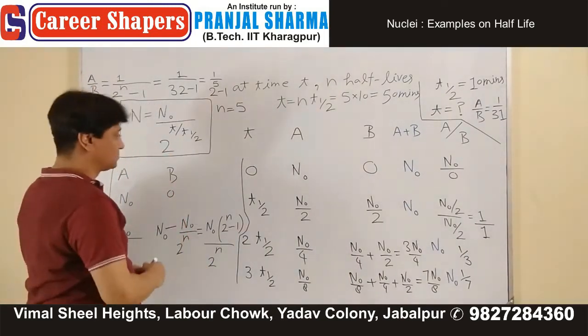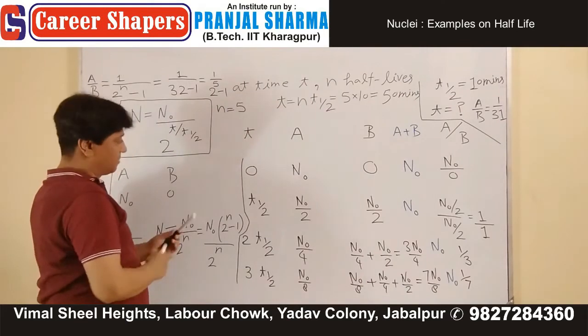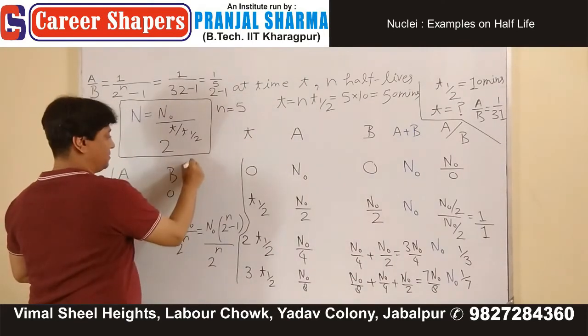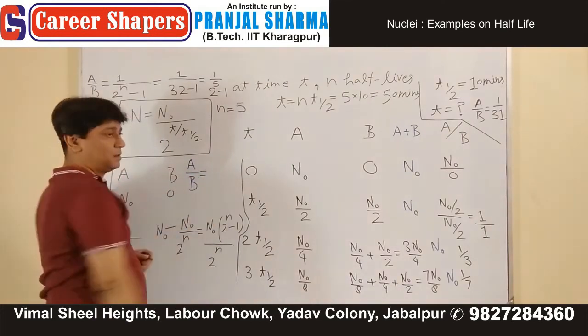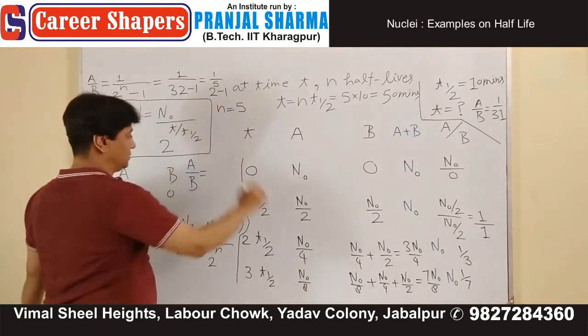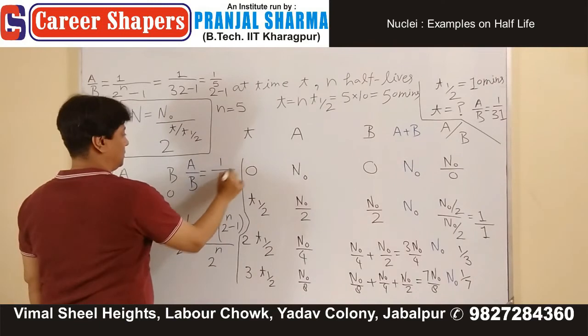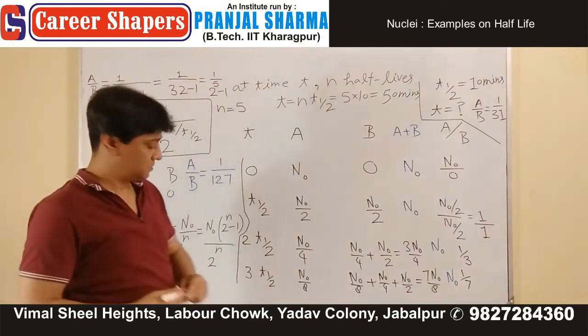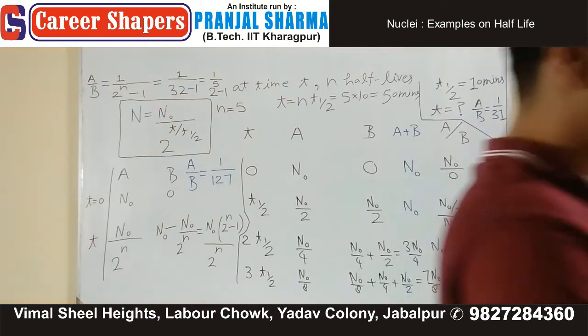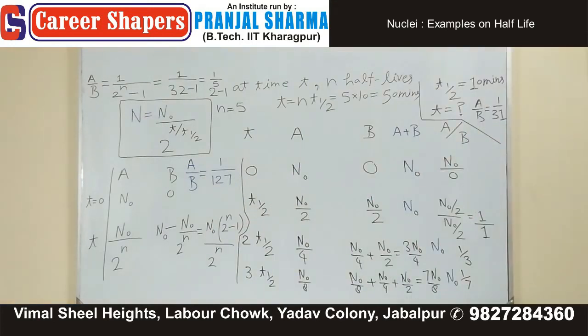So tell me, after what time will the ratio of A and B be 1 upon 127? After what time ratio of A and B will be 1 upon 127?